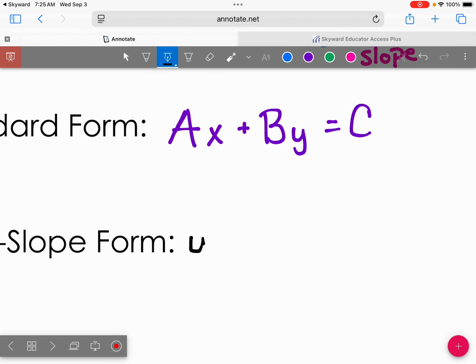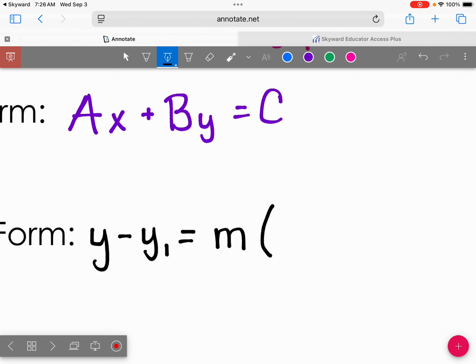We say y minus y1, we put a little baby 1 beneath it, equals m times the quantity x minus x1.